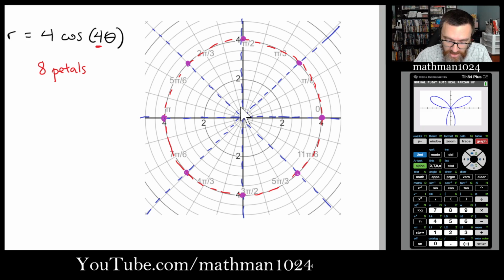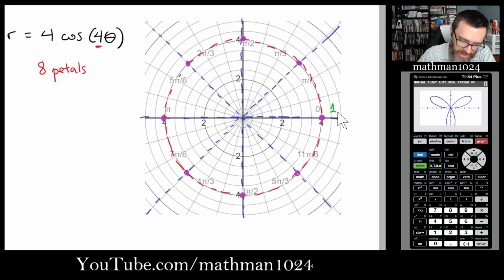The next part here is to figure out, well, where do I go, right? If this is my first spot, where's the next one? Well, all these divisions are happening at basically every pi over 4, right?